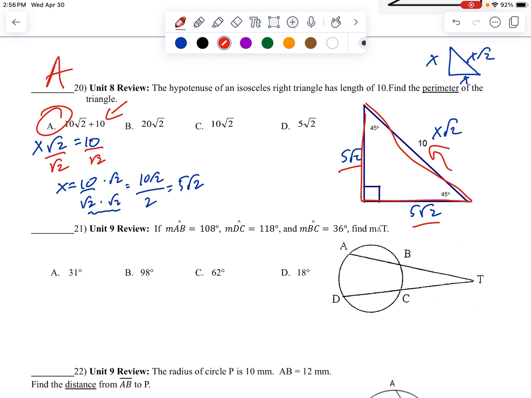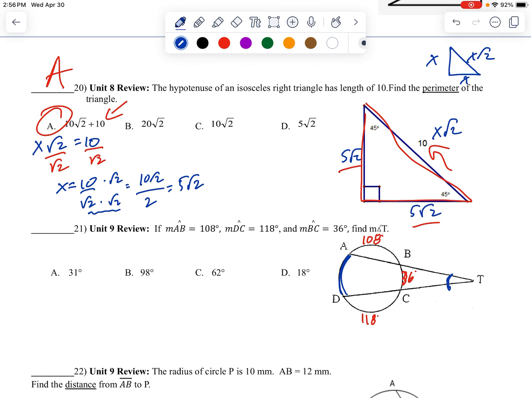Number 21, another review question. The measure of arc AB is 108 degrees. DC is 118 degrees. BC is 36 degrees. So in order to find the measure of this angle here, I need to know the measure of this arc. To find the measure of that arc, I think about how many degrees in a circle. There's 360.